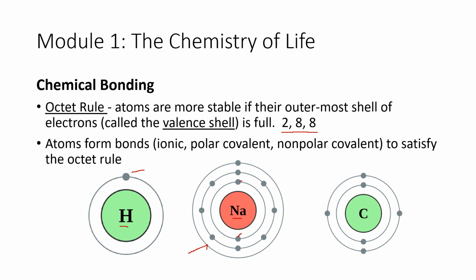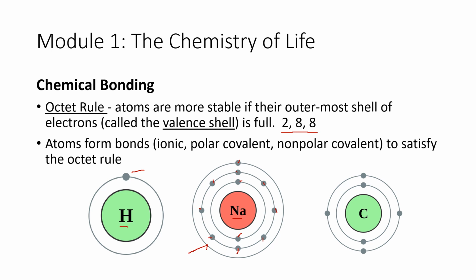You put 8 in the next, 1, 2, 3, 4, 5, 6, 7, 8. So that equals 10, but it has 11. So the last one goes in the next shell, and there's only one in that shell, but it could hold 8. But because there's just one, sodium really likes to give that away.